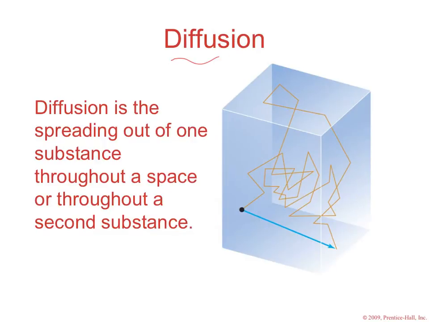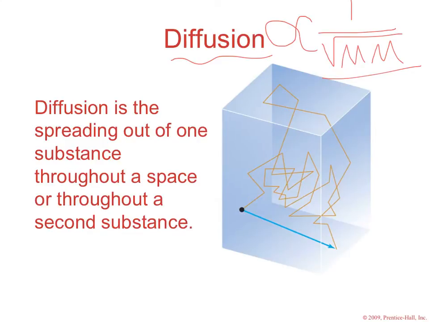All right, diffusion, which is different than effusion, follows the same relationship: the rate of diffusion is inversely proportional to the square root of the molar mass of the gas molecule. So it follows the same law, but it's important to understand it's a different process. Diffusion is not through a tiny hole. It's a general spreading out of a gas through space.